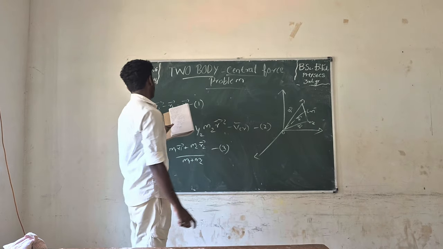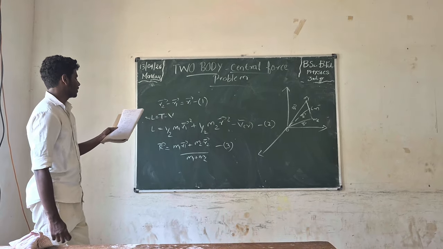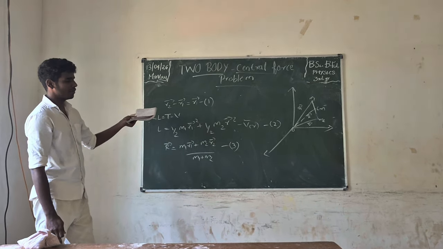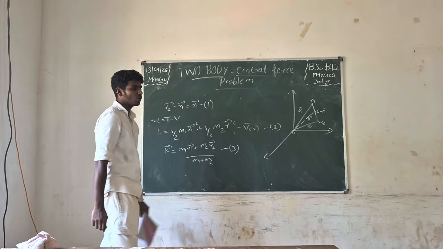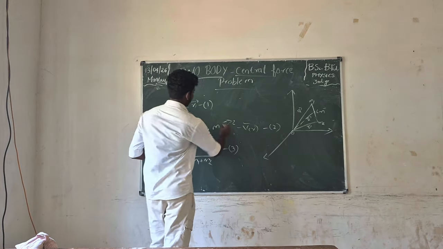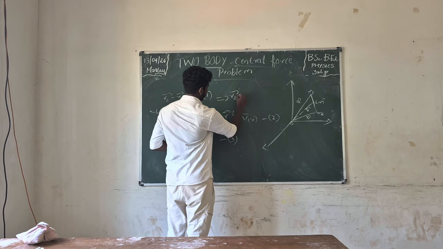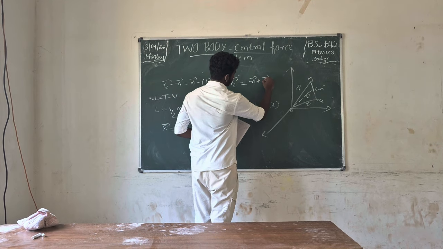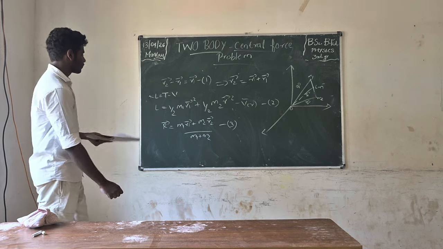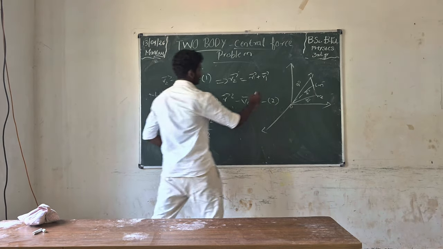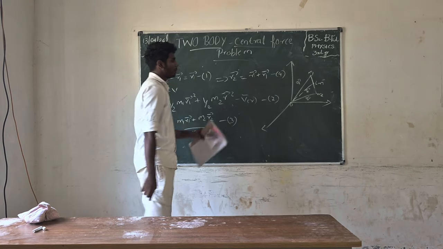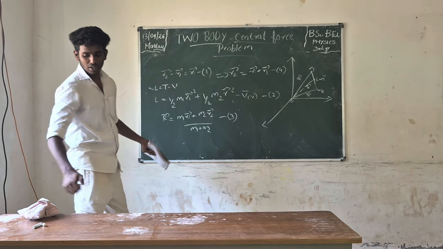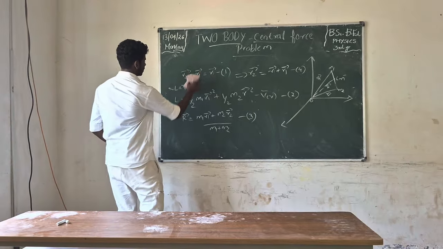So from our equation 1, we can find the value of r2. What will be the value of r2 from this equation? It will become vector r2 equal to vector r plus vector r1. We will consider this as equation 4 and put it in our equation 3.